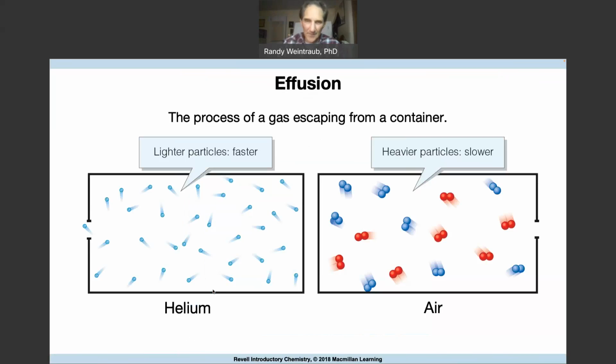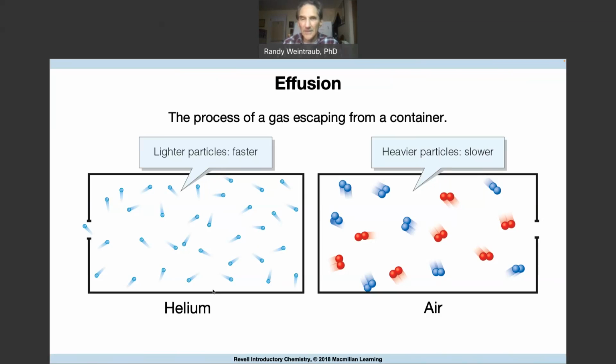Effusion is the process of a gas escaping from a container. Like diffusion, the velocity of the gas particles differs with their size. For example, in this image, there are two containers, one filled with helium and one with air. Each container has a small hole out of which the gas can escape.